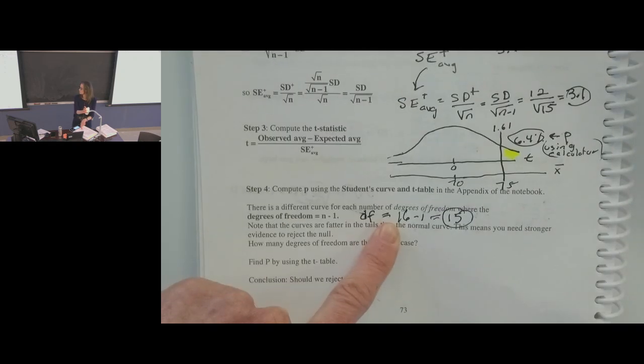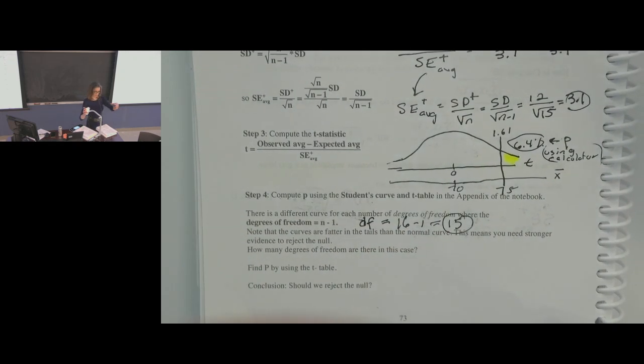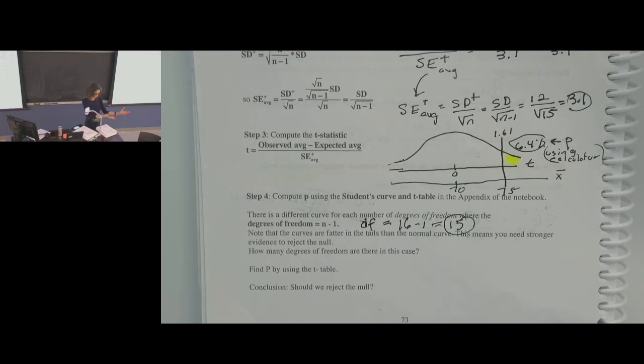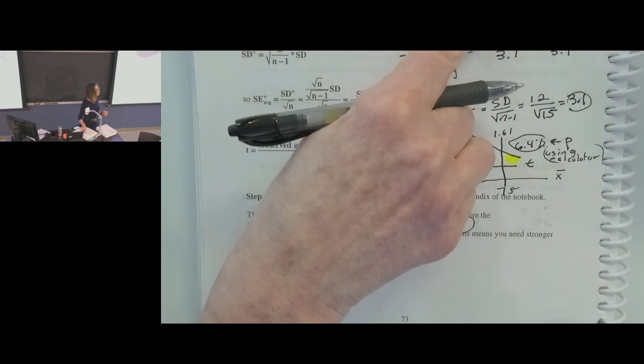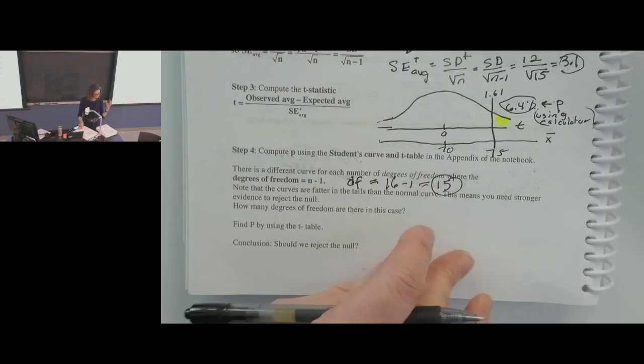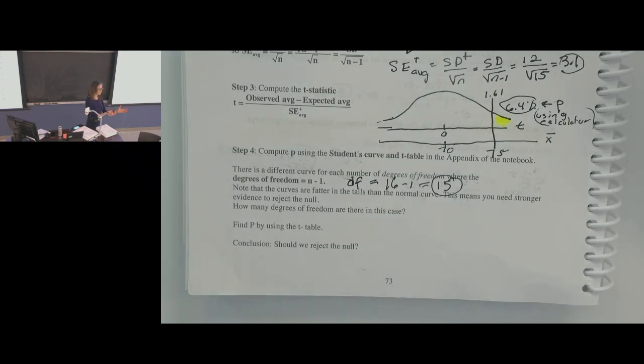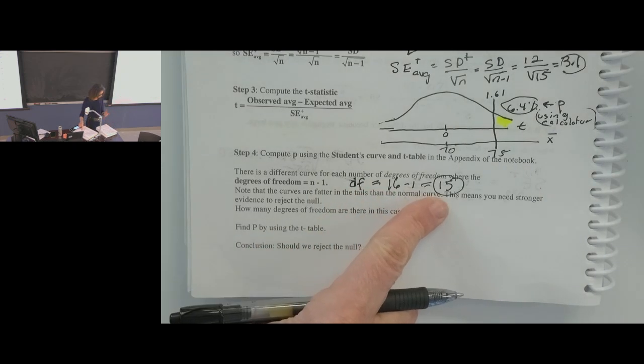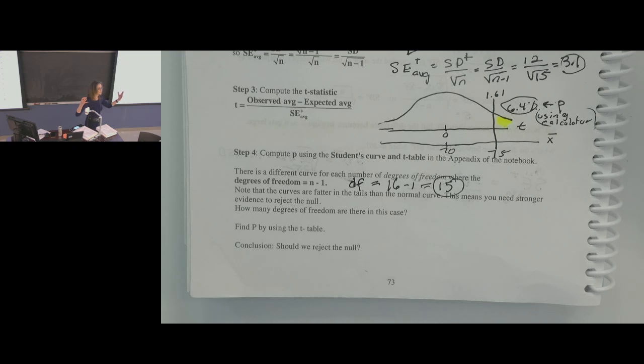But remember, the error around the model is our standard deviation around our standard error, and that really only had 15 degrees of freedom because, remember, the deviations always have to sum to 0. So if you knew 15 of them, those are free to vary, but the last one would be determined. So that's how you can think of why. And as you get more and more degrees of freedom, you get more and more information, and you get closer and closer to the normal curve. Then the t-curve will look very much like the normal curve.